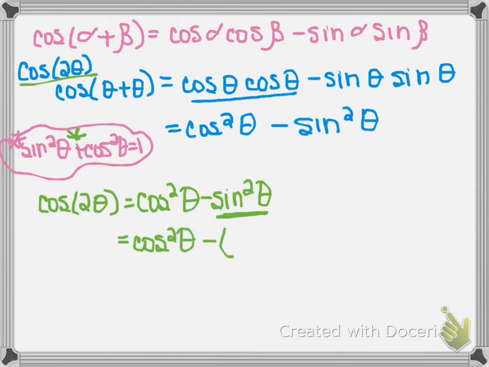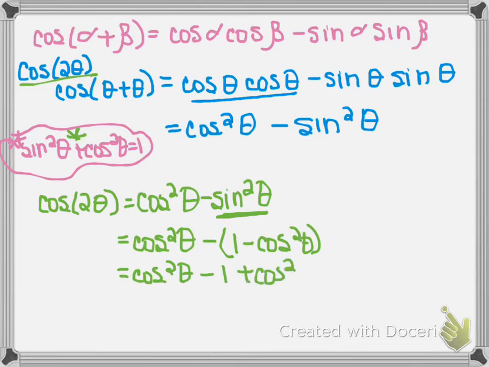So what would I have? It would be 1 minus cosine squared. And if I clean that up, that's cosine squared theta minus 1 plus cosine squared theta. So I actually have 2 cosine squared theta minus 1. So that's one of the other double angle formulas for cosine of 2 theta.